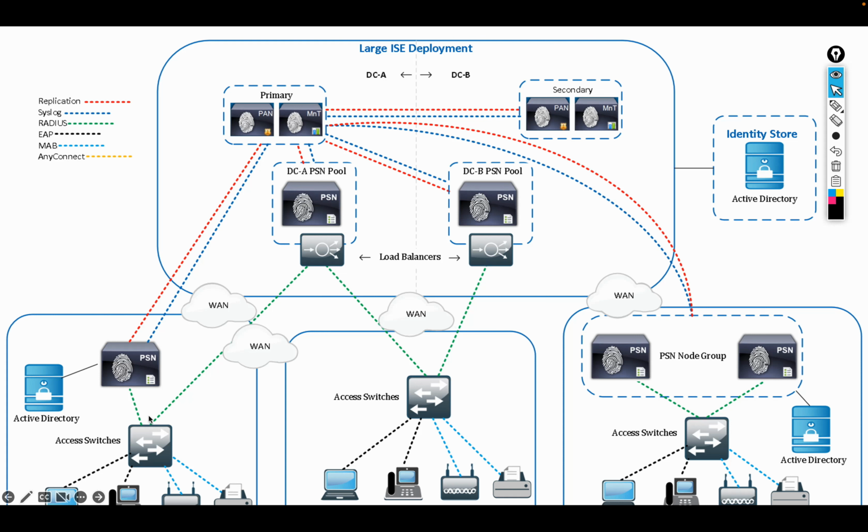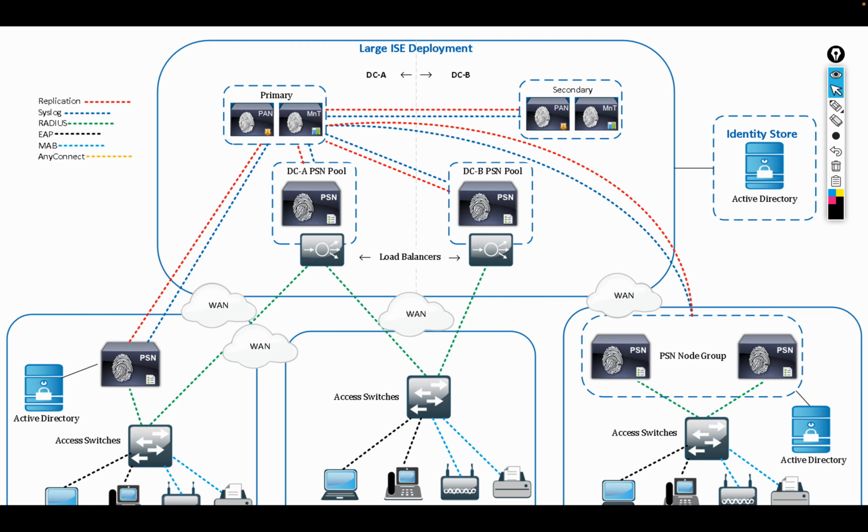For example, this switch has this one as primary, and if this one goes down for any reason, it will go through here. So we are not using the direct IP of the PSN, we are using the IP address of the load balancer. I already worked with a deployment like this.